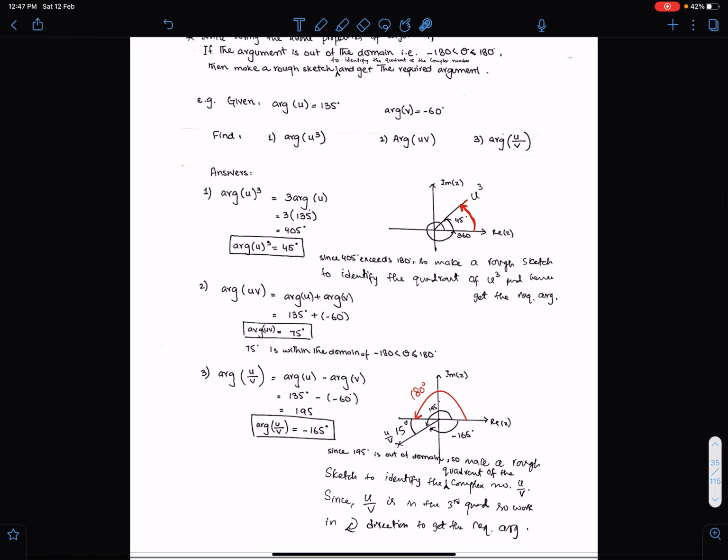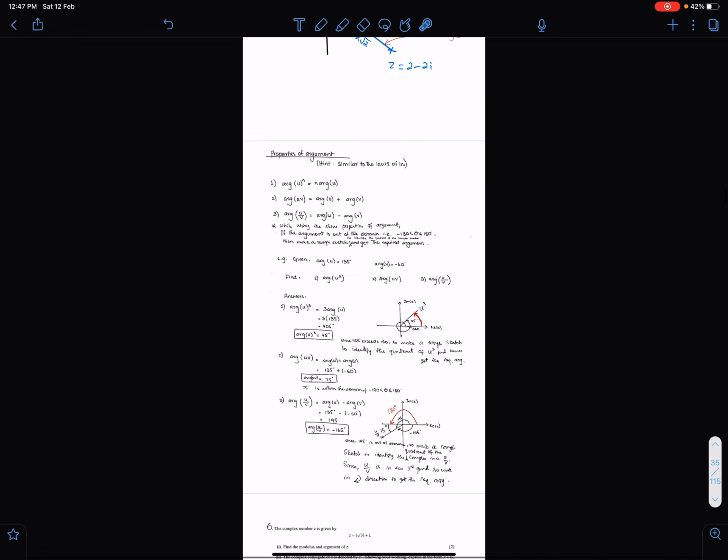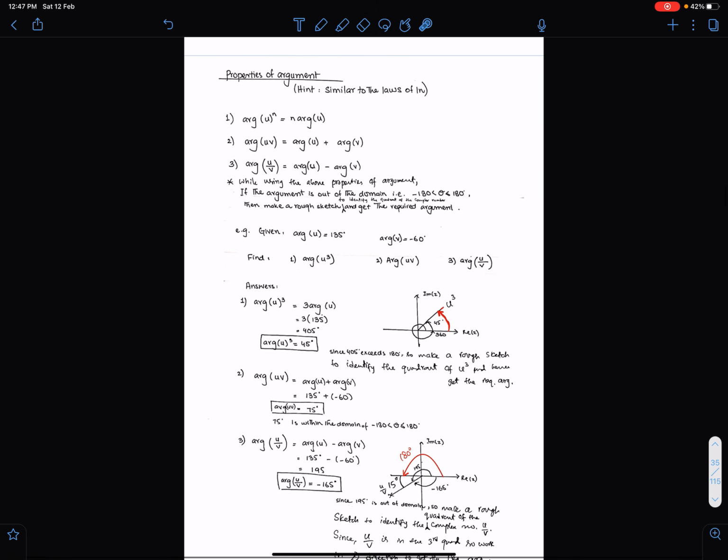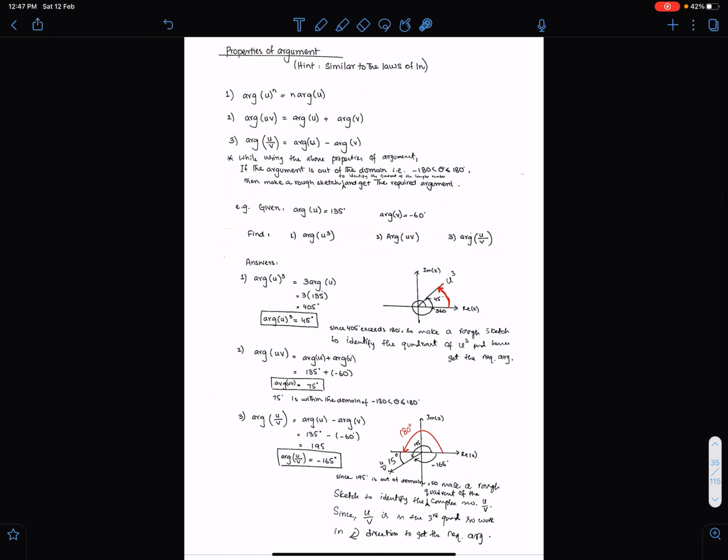So make sure while using the properties of argument, if the answer is outside the standard domain of the argument, then always make a rough sketch to identify the position of the complex number and get the required argument. If the complex number lies in the first and second quadrant, then work in the anti-clockwise direction. Whereas if the complex number lies in the third or fourth quadrant, then work in the clockwise direction.